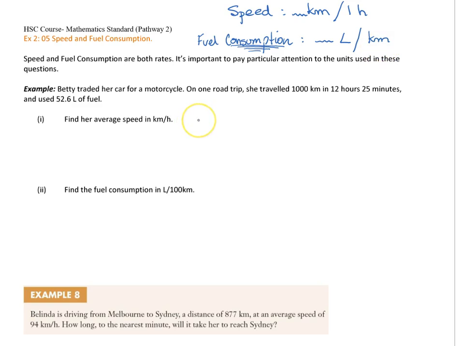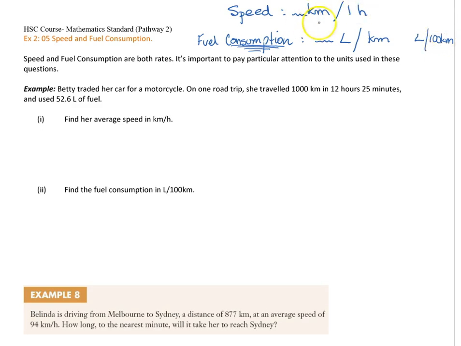However, in reality, you're going to see it expressed probably more commonly using the units, litres per 100 kilometres. So we won't be reducing it right down to 1, or if we do, we will bring it back up to 100 kilometres.